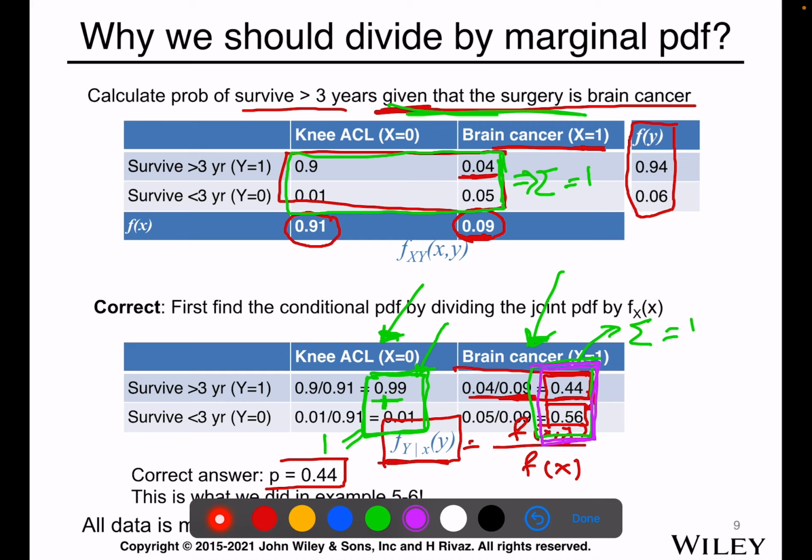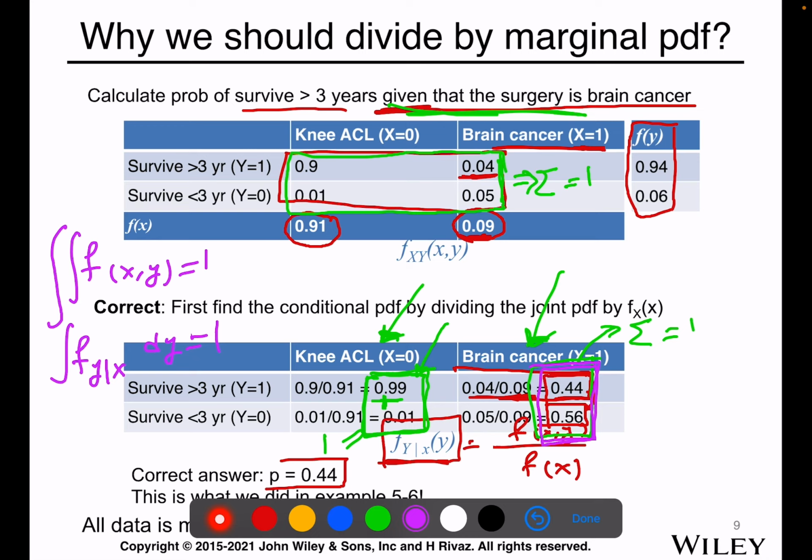So in other words, for f of x and y, the double integral is 1. If I look at the joint distribution, the double integral is 1. But if I look at the conditional, for example f of y given x, then this single integral is 1. Similar for the other one.